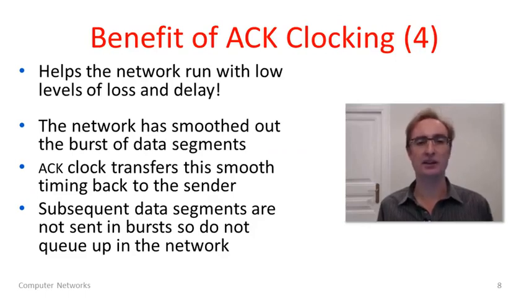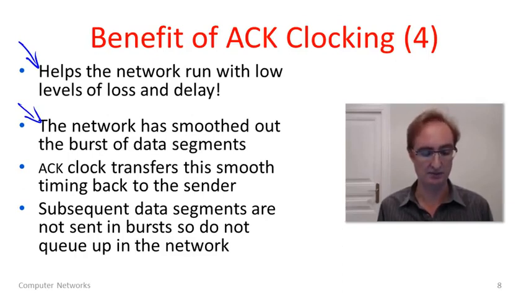Well, this is the benefit of ACK clocking. ACK clocking here effectively will help the network to run with low levels of loss and low levels of delay. And it's working as follows. When we sent a small burst, the network smoothed out the burst of segments so that they were spread at about the bottleneck rate. The ACK clock mechanism from the receiver all the way back through the sender transferred this same timing from the bottleneck link back to the sender.